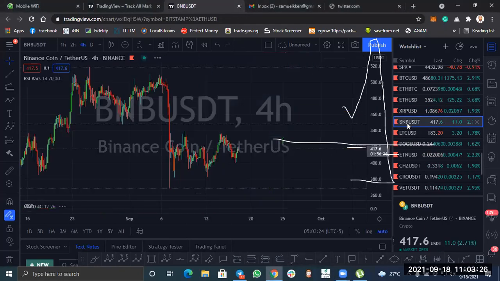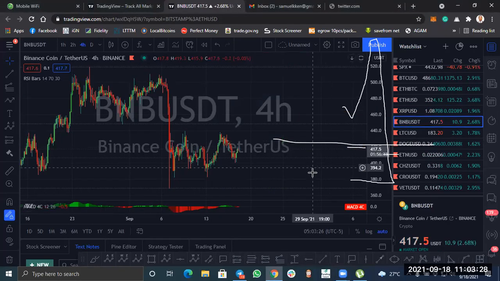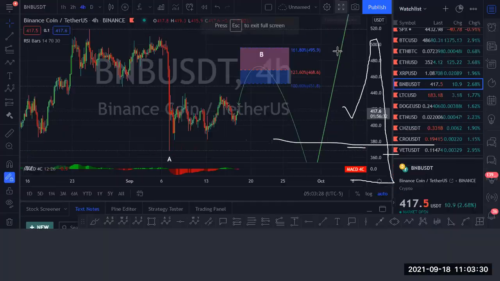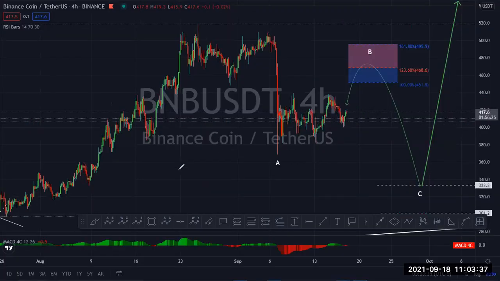We go to BNB. On BNB, you know, they are almost saying the same thing. All the coins, the move from here is a 5 waves move. Anyway, I didn't label it, but this very drop caused a problem for buyers.